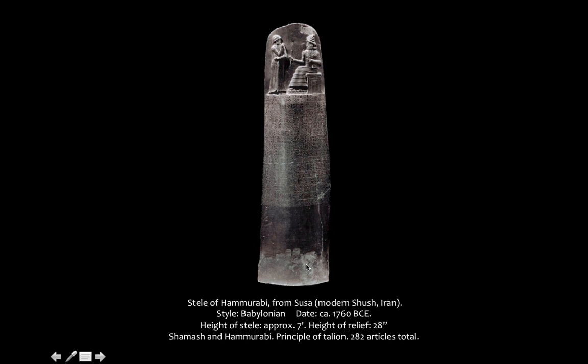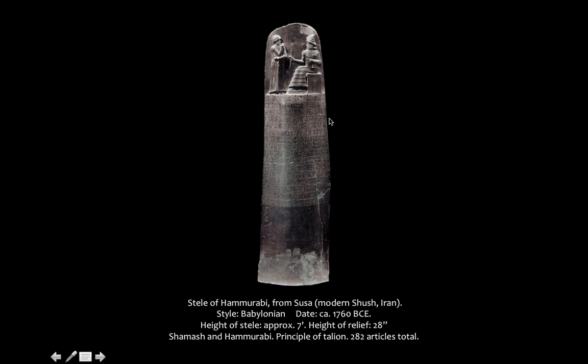These would be placed throughout Mesopotamia, and it has an inscription here on these little registers that go down, and all of these inscriptions make up Hammurabi's law code. So this is the stele of Hammurabi. This is one that was found in modern Shush, Iran, and this is about 7 foot tall. The height, or the dimensions this way, is about a little over 2 feet wide. And again, the inscription is the law code of Hammurabi.